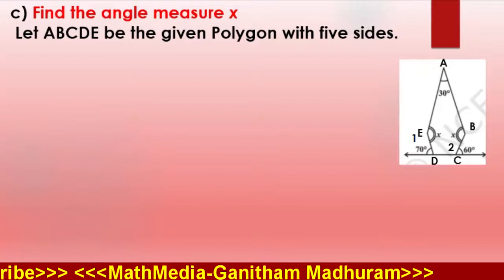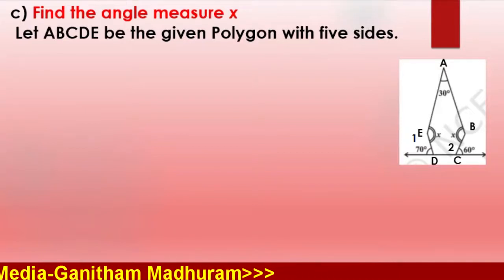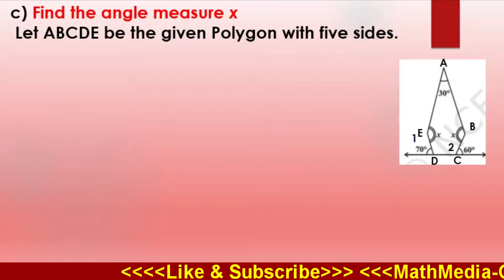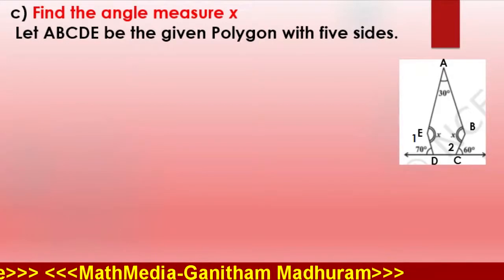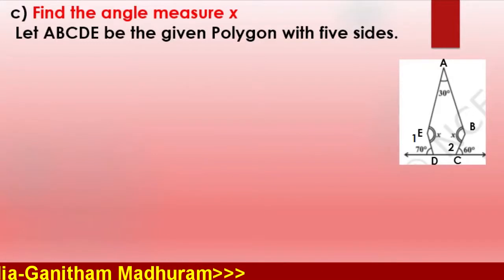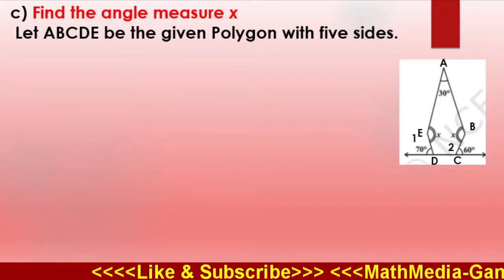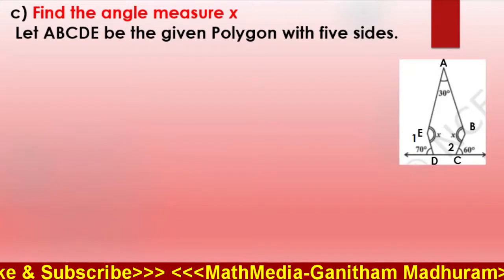So the interior angles at D and C we can name as angle 1 and angle 2 respectively. We can find angle 1 and angle 2 by using the property of linear pair of angles. Let's see how to solve.